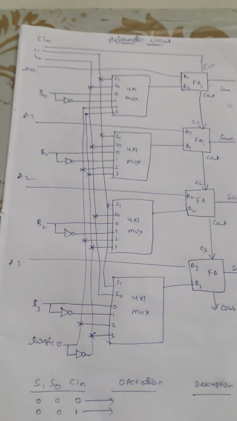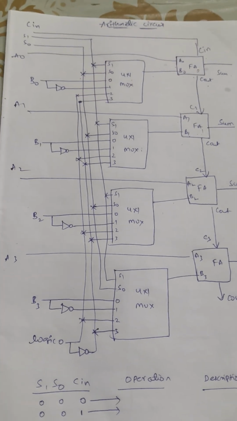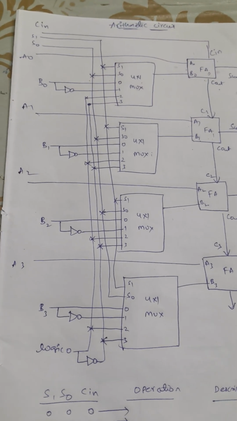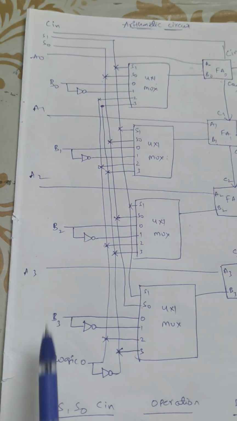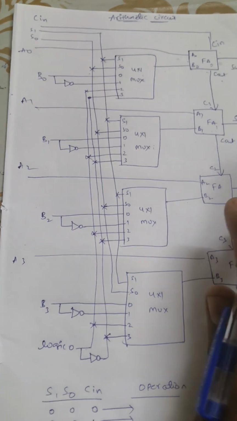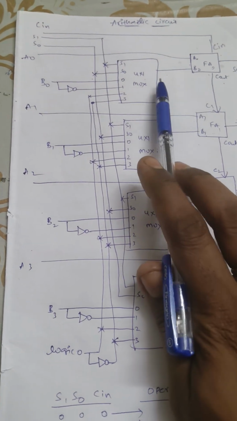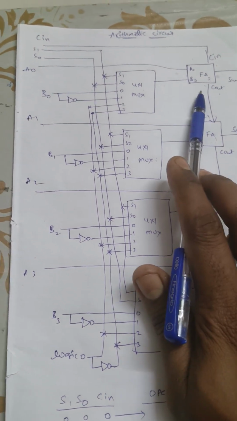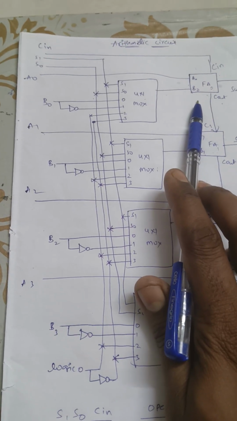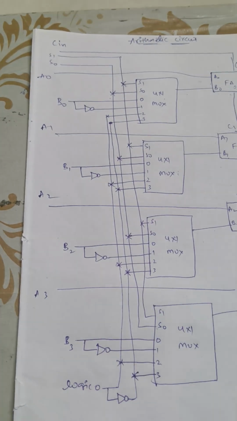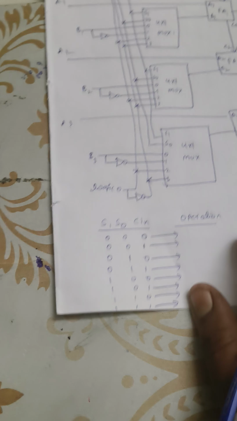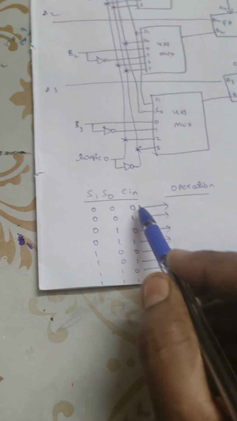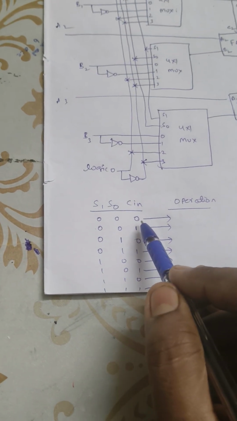Okay, now we are going to connect the data inputs. The A bits are already directly connected to the full adder. Now we have to get the output of the multiplexer that is connected to the full adder. Here I am giving the selection lines as 0, 0, and I am giving the carry as 0.